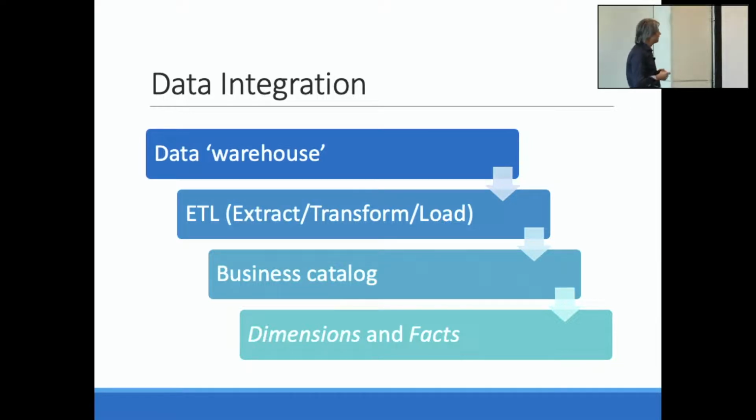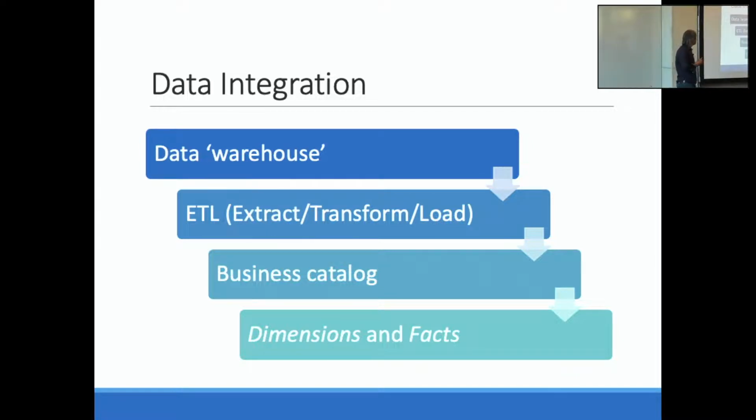For that we usually use an extract, transform, load product. You get the data from your application data source and move it to a consolidated data source that you use afterwards for reporting.